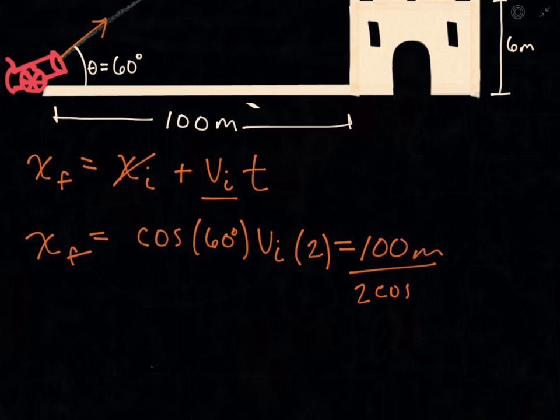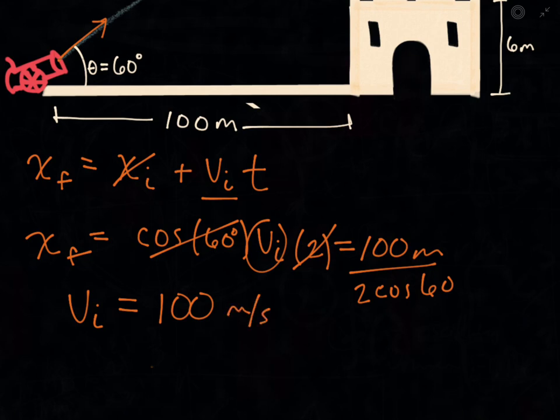So the initial velocity, and again, this is just the initial velocity, not the components, is 100 divided by 2 cosine 60. 2 cosine 60 is actually 1, because the cosine of 60 comes from a 30-60-90 triangle. So it actually just is 100, and 2 is in seconds, so 100 meters per second.